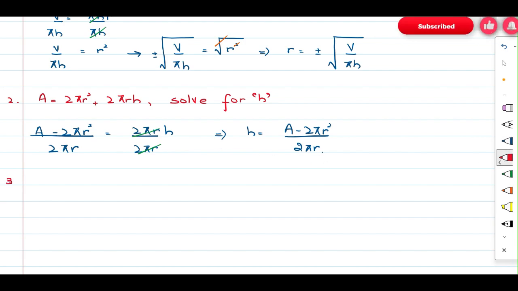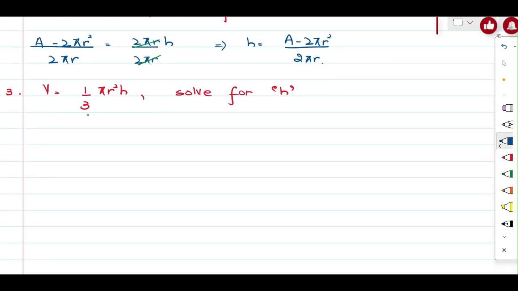Okay, let's do another one. If I have v is equal to 1 over 3 pi r square h, the question is to solve for h. Again, to solve for h, you can see v is divided here, so you have to multiply: 3v is equal to pi r square h.